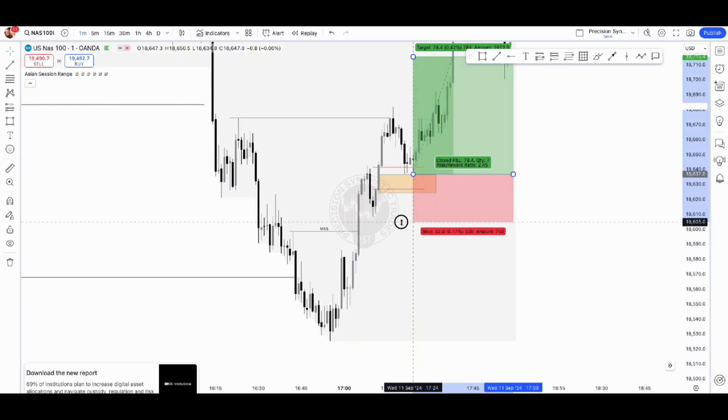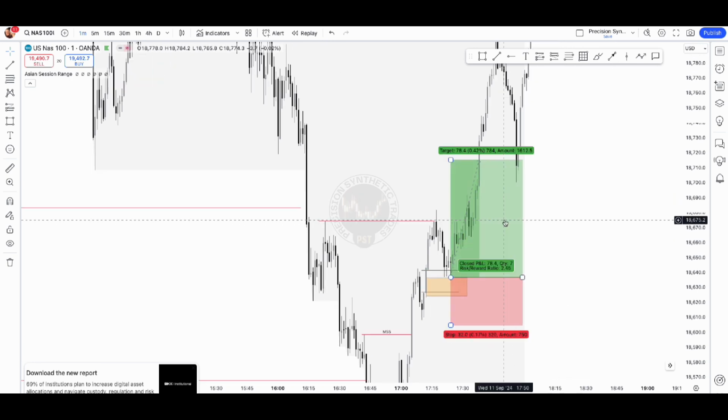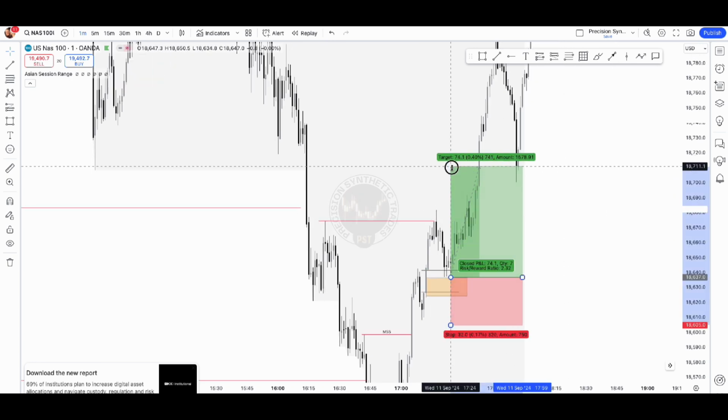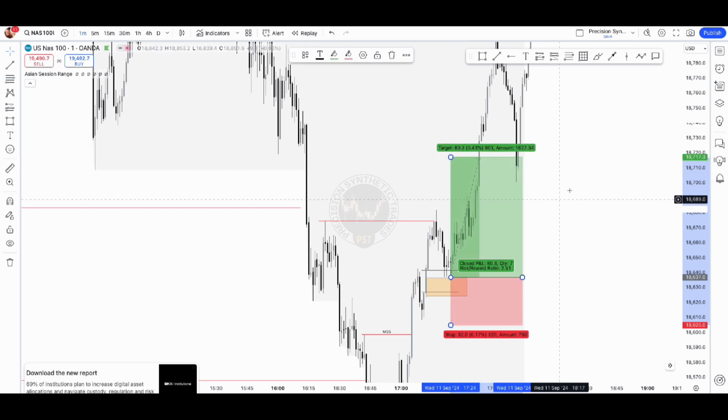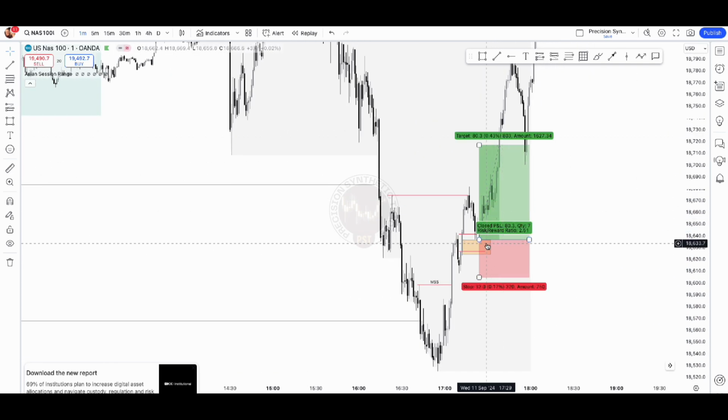Stops below this low. And then you can target a 1 till 2 risk to reward trade, or 1 till 2.5 risk to reward trade. And there you got a beautiful trade in your New York session.